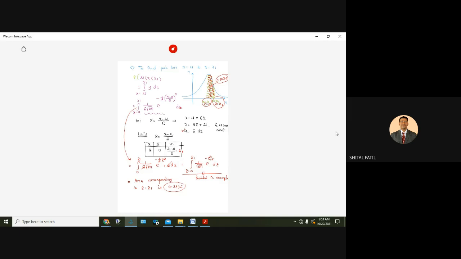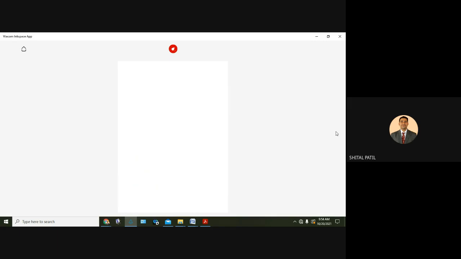Let me change the page. So try to understand this. The probability from x equal to mu to x equal to infinity may be written as z equal to 0 to z equal to infinity. Then how much is that? Half, 0.5.